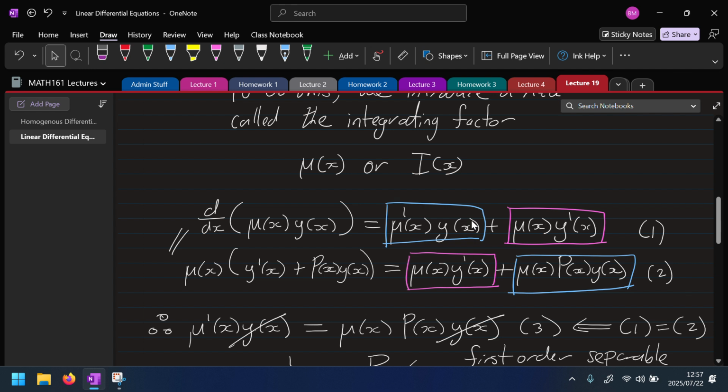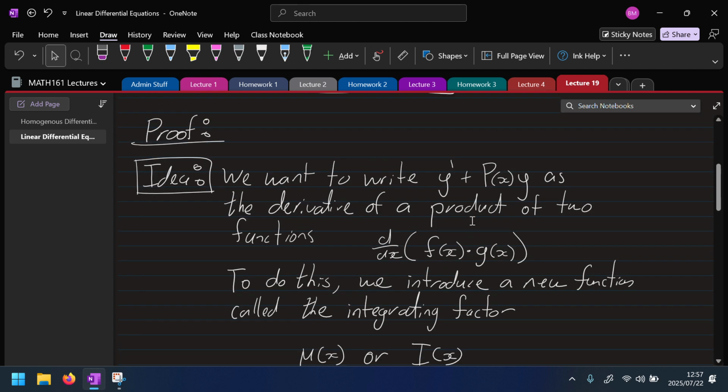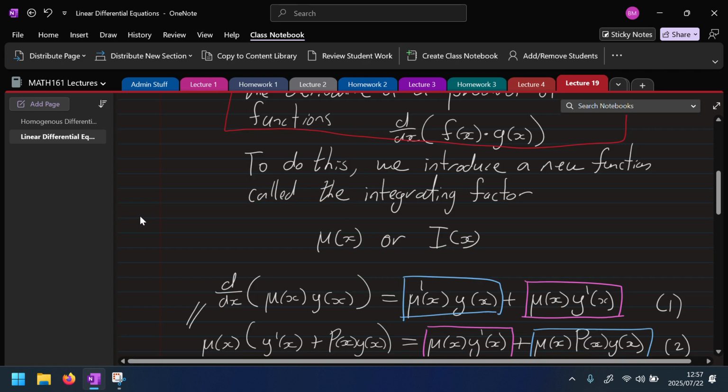Any other questions? Okay, so the main thing is this. Okay, we want that left-hand side of the differential equation to be written as this derivative of the product. So here, that's going to be this.